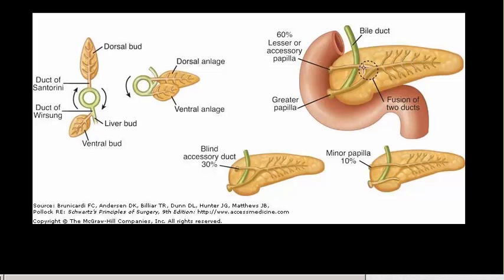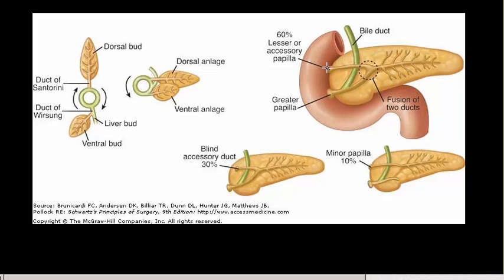And drain there. A smaller amount of the exocrine secretions of the pancreas will go into the Santorini duct, and will discharge into what we call the lesser or the accessory papilla. So the greater papilla is the papilla of the Wirsung duct, which is a result of the ventral bud, and will drain into the duodenum.